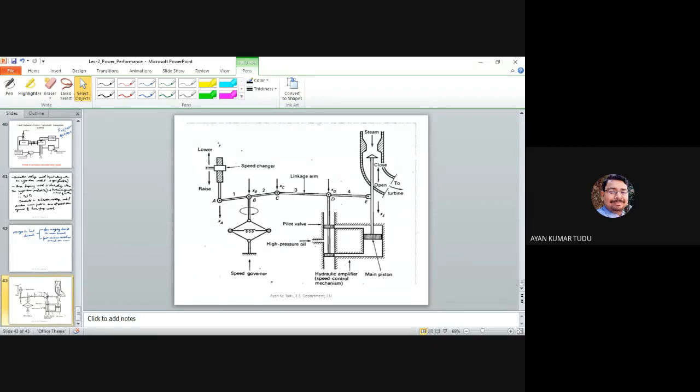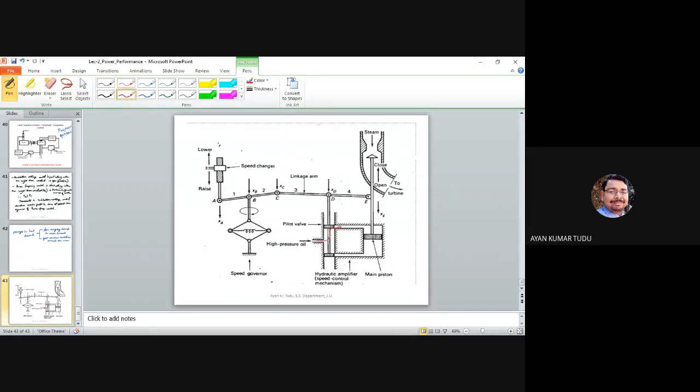We have C, and we have linkage point D. Linkage point D is connected with the pallet valve and with the high pressure oil. Whenever point D is going upwards, the high pressure oil is entering the main piston valve from the first orifice.